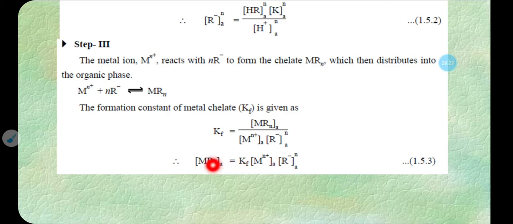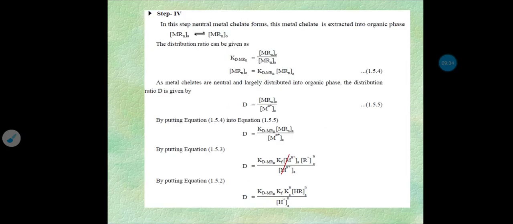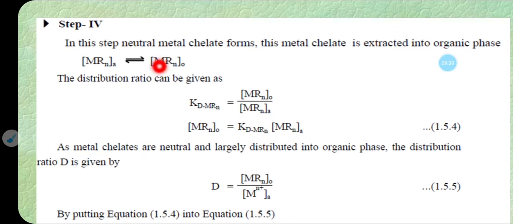Once the metal chelate is formed in aqueous, it gets distributed into the organic phase to maintain the fourth equilibrium. The neutral metal chelate formed in aqueous is distributed into the organic phase, so the concentration of metal chelate in aqueous is in equilibrium with the concentration of metal chelate in organic.